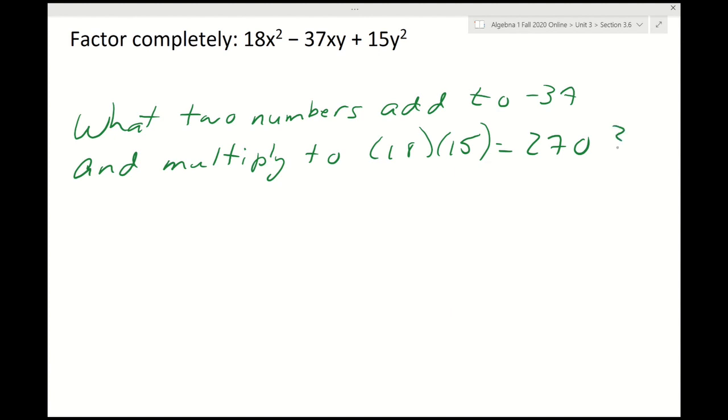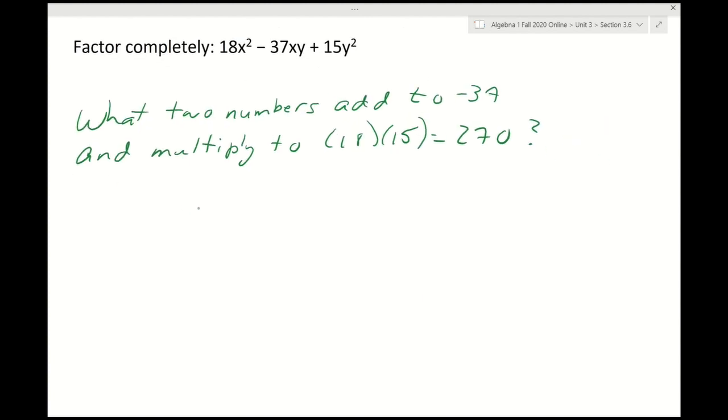Now, that's a good size number. So let's start with something maybe a little more straightforward. Since we know this ends in 0, we know it's divisible by 10. So let's see where this puts us. 270, 10 and 27, or a negative 10 and a negative 27.